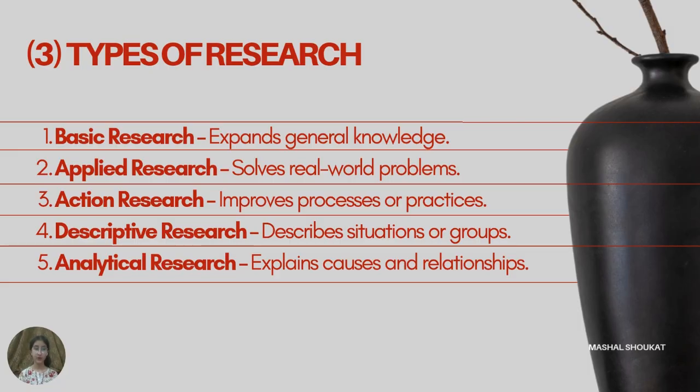So we improve on the past research, and that's what action research is. While in descriptive research, we describe situations or phenomena as they are. In analytic research, we explain causes, effects, or relations between variables. Example: analyzing why one fertilizer increases plant growth faster than another.